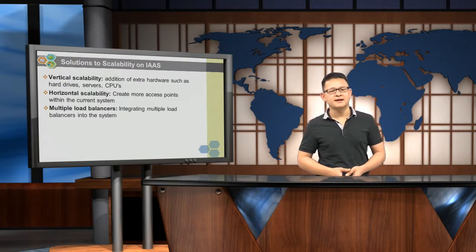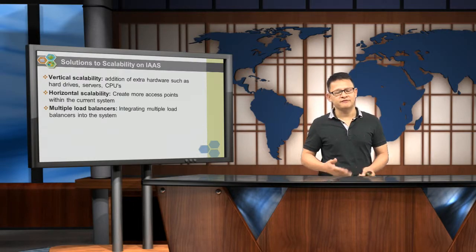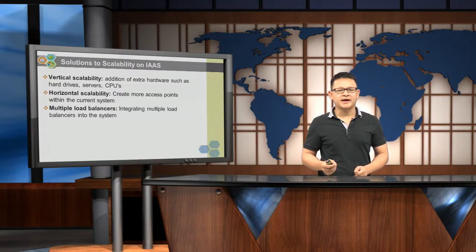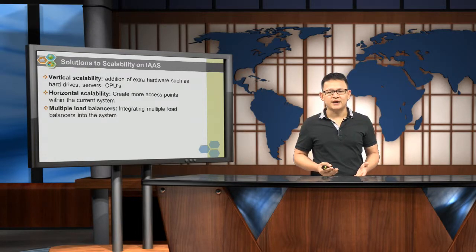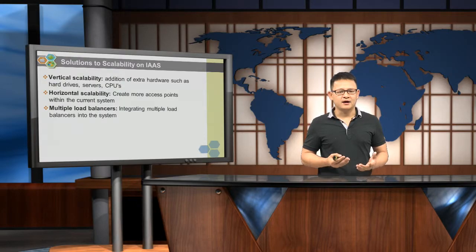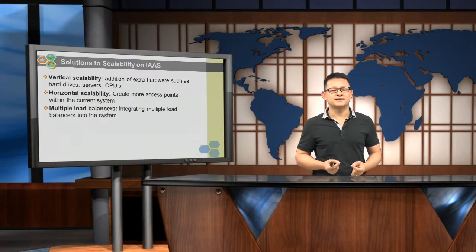The first solution here is vertical scalability. It can be achieved through the addition of extra hardware such as hard drives, servers, CPU, etc. While this is not entirely a solution in and of itself, it is necessary if a cloud network is to be able to accommodate ever-growing numbers of virtual machines.